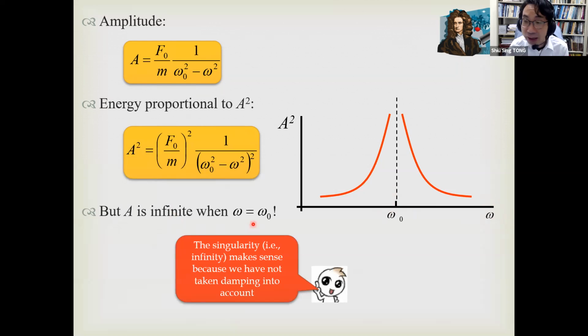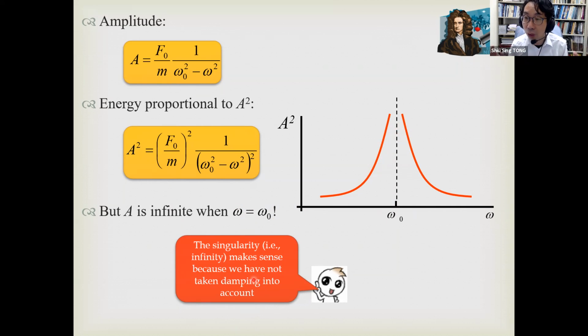Now, physically we would not expect an infinite amplitude. This unphysical situation happens only because we haven't taken into account the damping force. So the system will absorb energy more and more, and eventually goes to infinity. But that does not happen in reality.